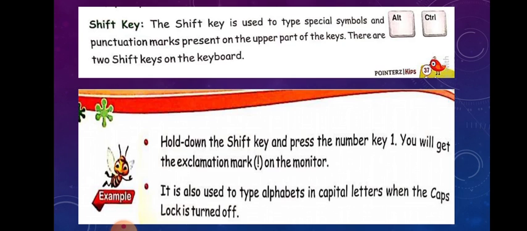The user can hold down the Shift key and press the number 1, by which you can get the exclamation mark while typing and it can be seen on the monitor. With the help of the Shift key, we can also type alphabets in capital letters even when the caps lock is turned off.